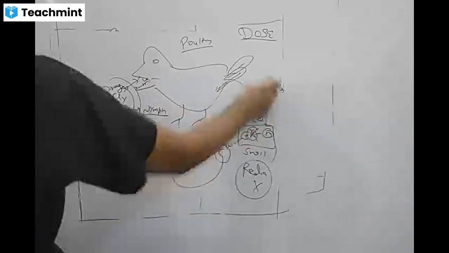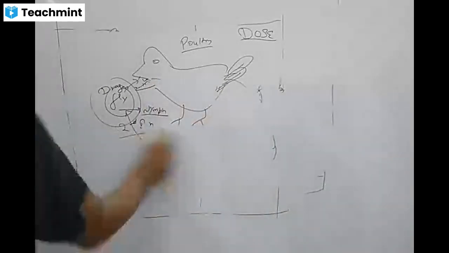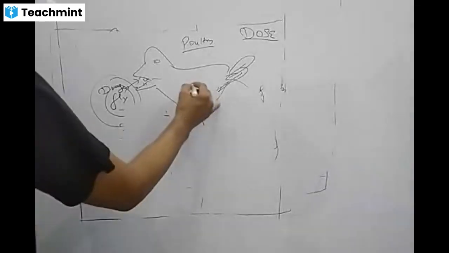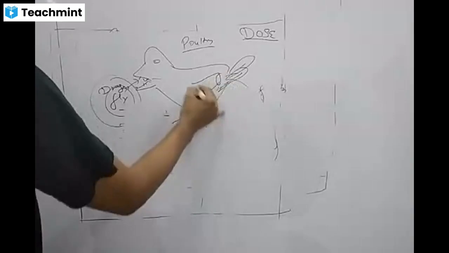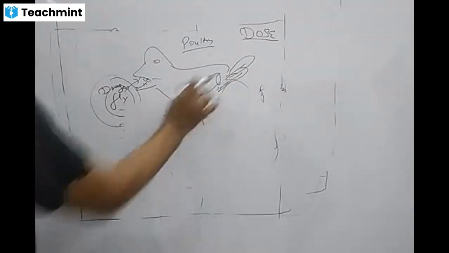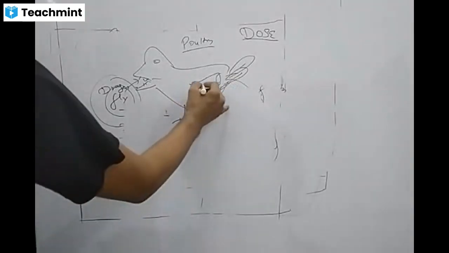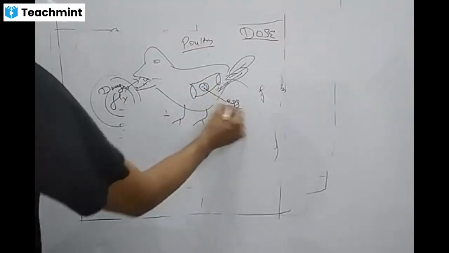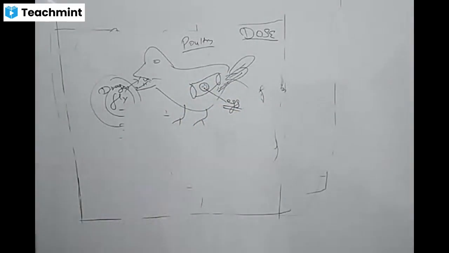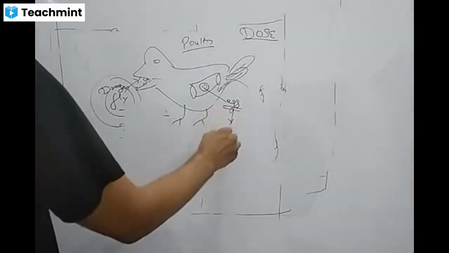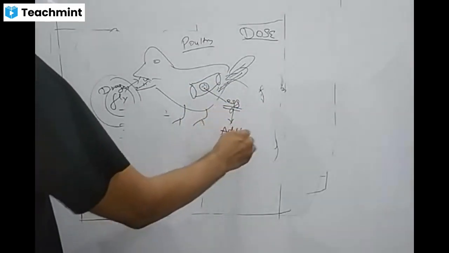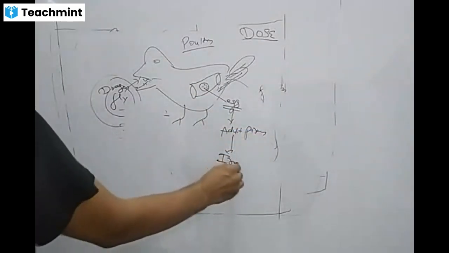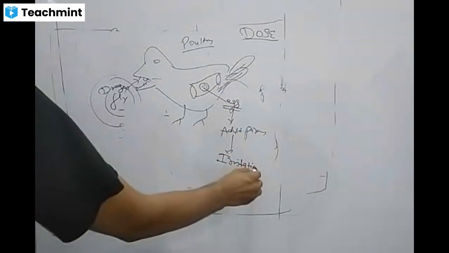What happens in case of pathogenesis? Suppose this is the oviduct, and inside the oviduct, the egg forms. Because of the adult parasite, there will be some kind of irritation.